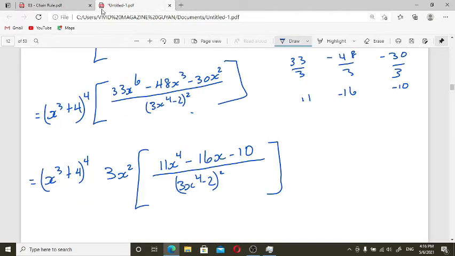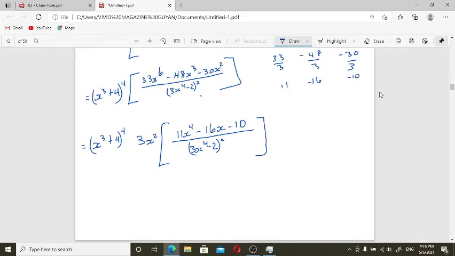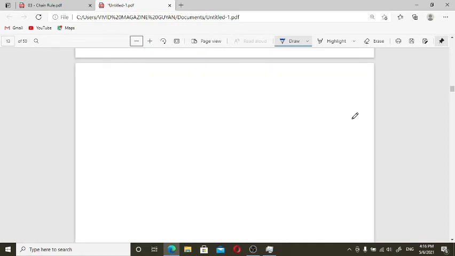Alright, for number 11, I'm just going to work this out, because this should not be as challenging. So y is equal to x plus 5 raised to the 5th minus 1 raised to the 4th.